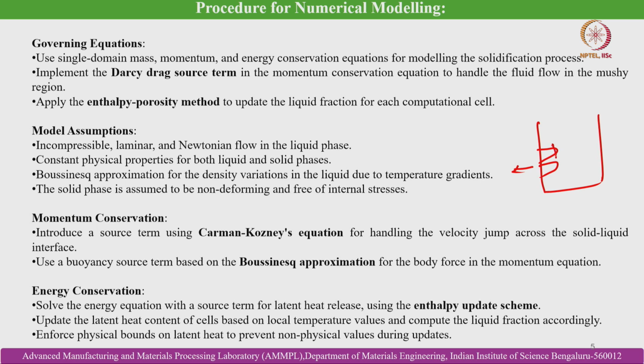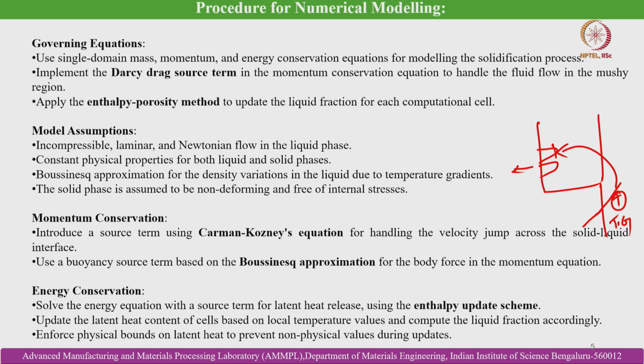Then for columnar growth, from the interface, it is the temperature which grows in the liquid. So that is a case of positive thermal gradient, positive Tg. Okay, that promotes the dendritic grain structure. So this is the example of thermal gradient. The solid phase is assumed to be non-deforming and free of internal stresses.